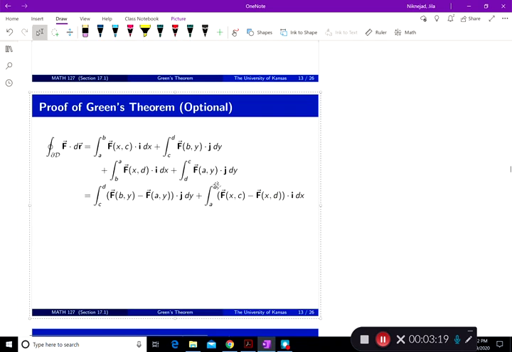When you're computing these integrals, we do something funky with it. We add up the two that have j in them, and add up the two that have i in them. But remember, for the ones that have j in them, the boundary is reversed.